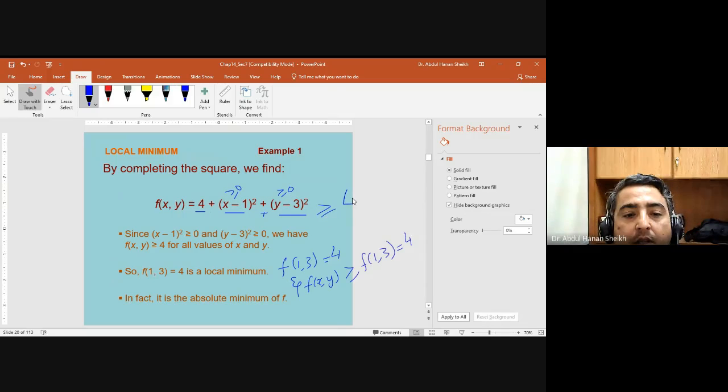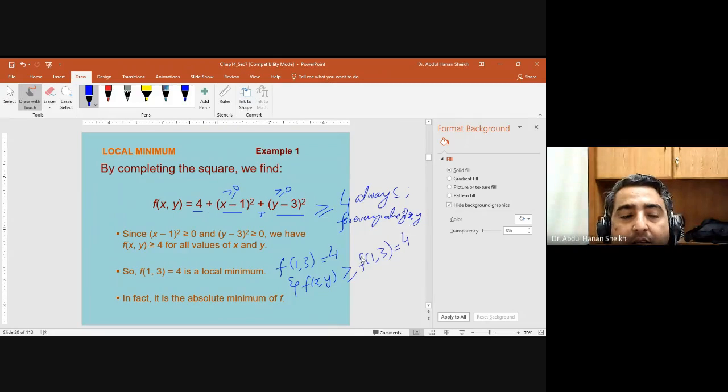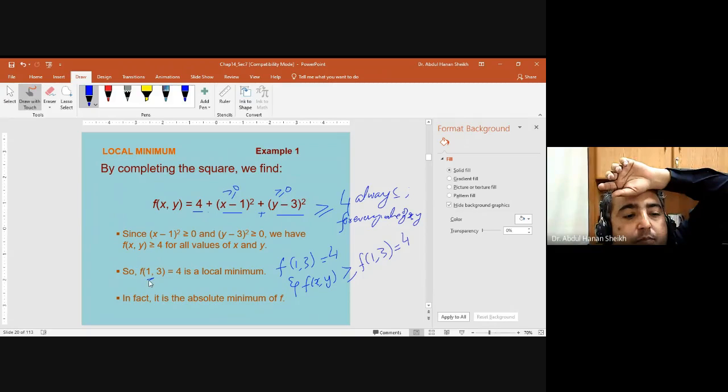So the result will always be greater than 4 for every value of x and y. So at this point the function attains a local minimum, because the function always has greater values than this 4, and this 4 is the local minimum of the function, and this point is called local minima or local minimum.